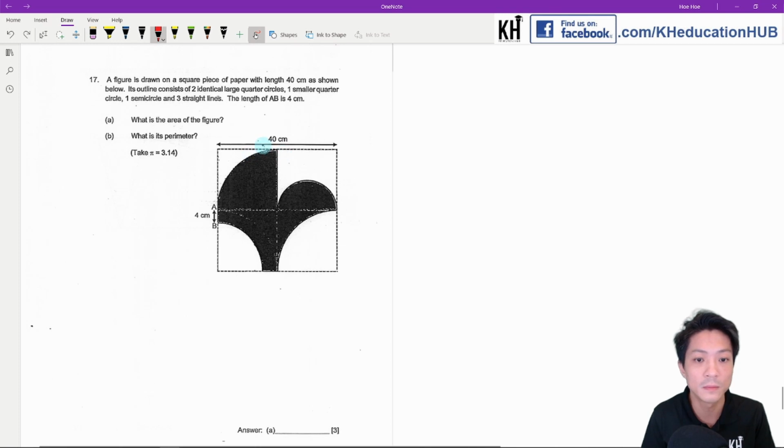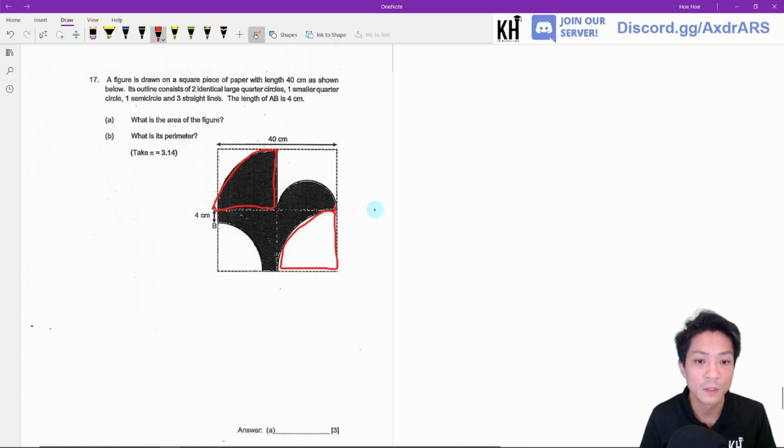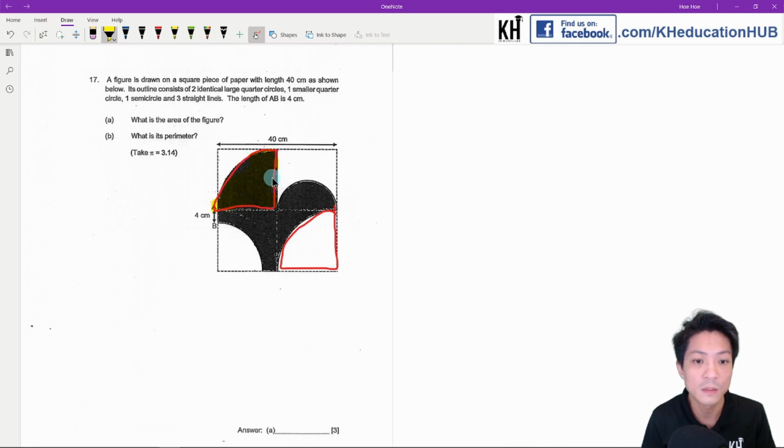Okay, I can move this part, this circle into here. Okay, which means that if I were to find the area of a square, let me maybe color this. This plus this, highlight the whole thing.